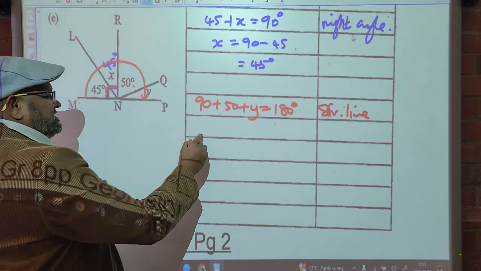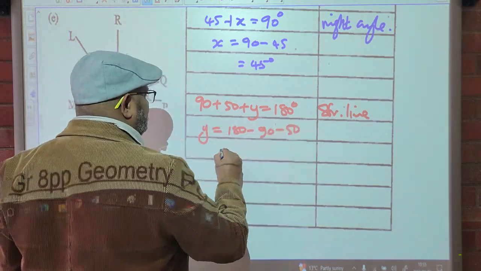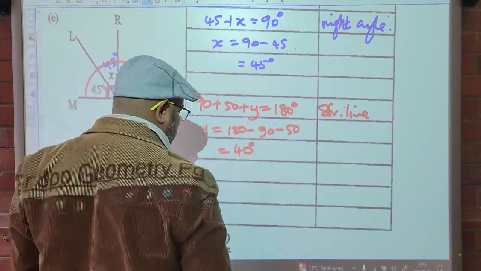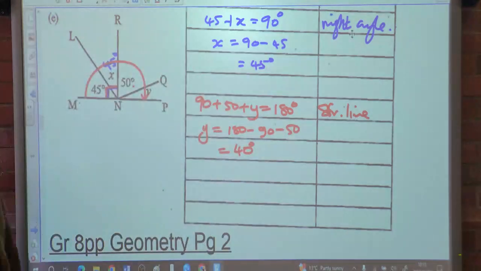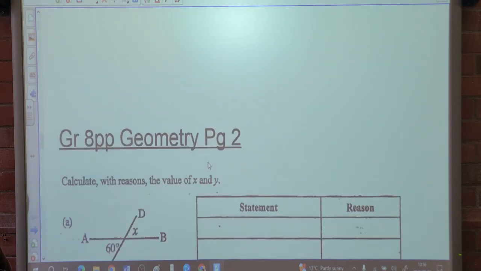So y is equal to 180 minus 90 minus 50, which is 40 degrees. Do you guys understand? Is there any confusion? Let me know if there's something funny happening.